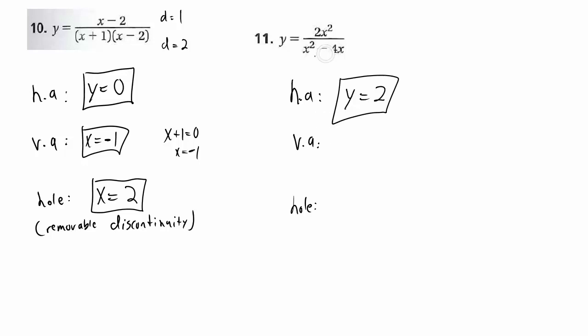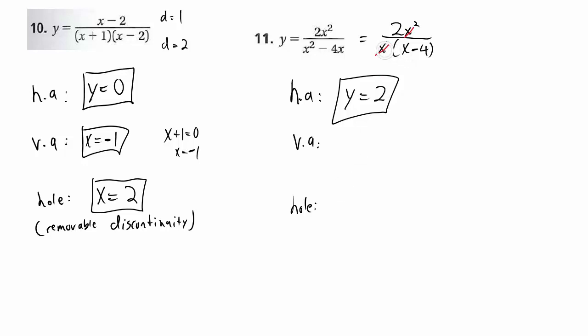The vertical asymptote is hard to see. I know it's when you're dividing by 0, but it's hard to see where that is. So I've got to factor this first. The greatest common factor here is x. If I pull an x out, I get x minus 4. So I would expect to maybe have vertical asymptotes at +4 and also at x equals 0. But notice how these x's can cancel out.